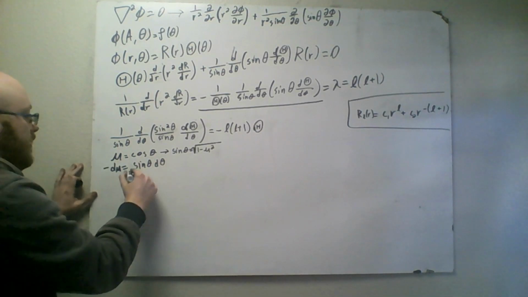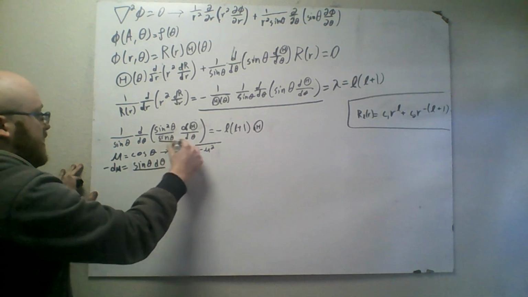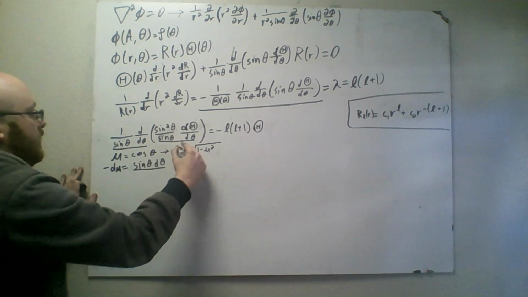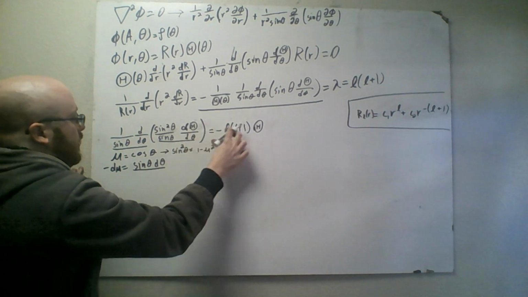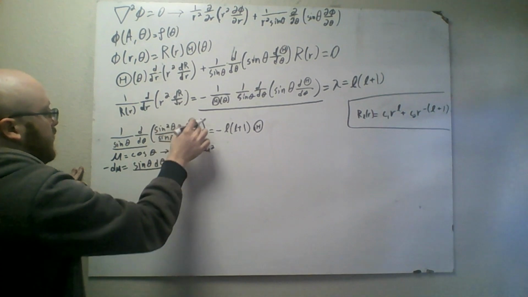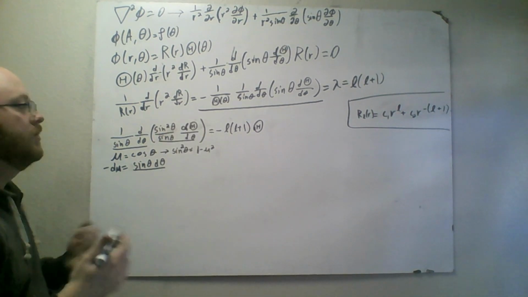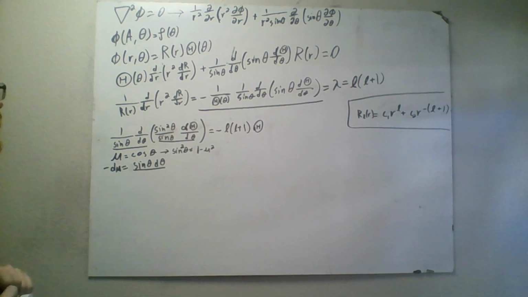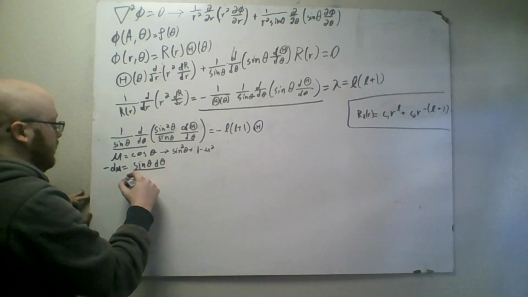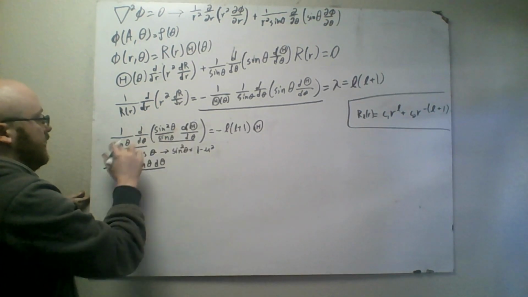Like, this guy is here, and it's also over here. This sine squared theta is equal to 1 minus mu squared. So that goes up here. And since this is a function of theta, we can just rewrite it as a function of mu. So what that ends up doing is, this negative sign will cancel out.